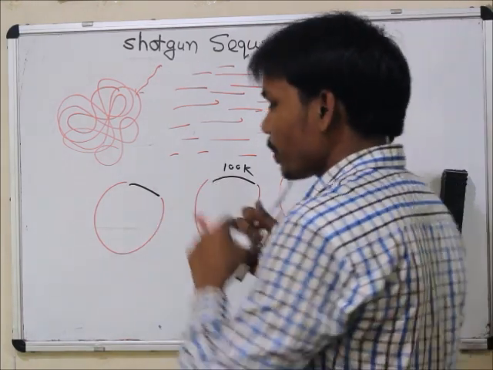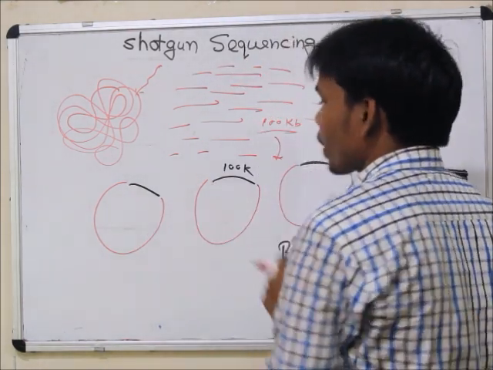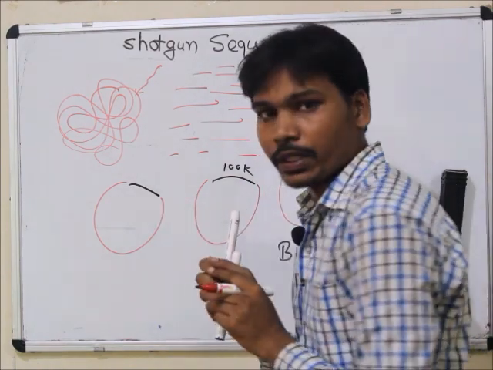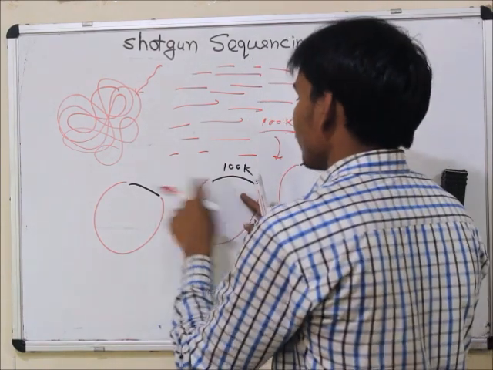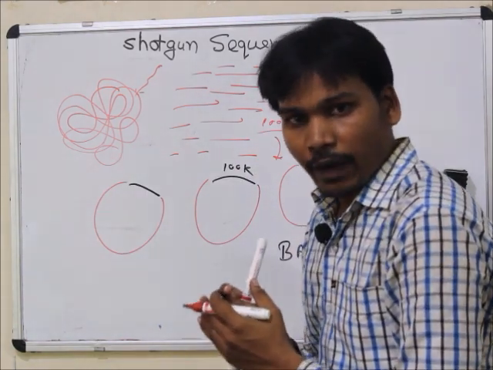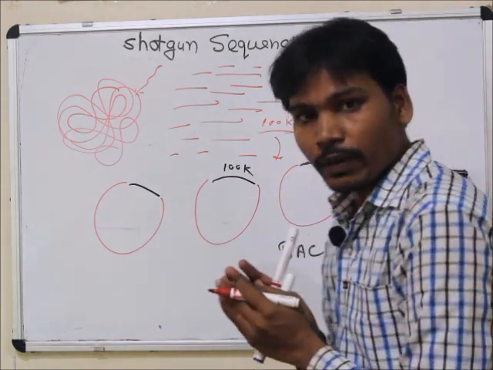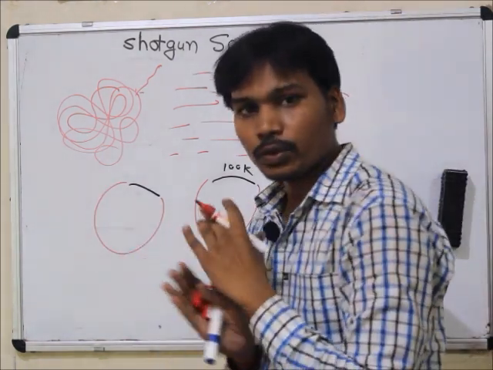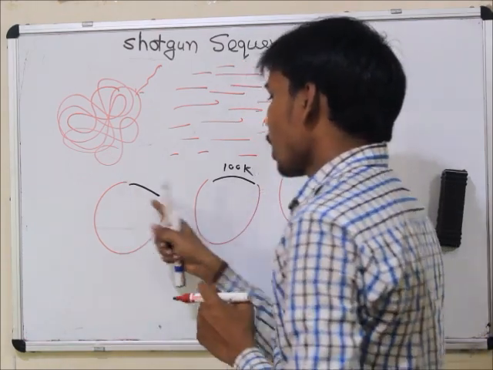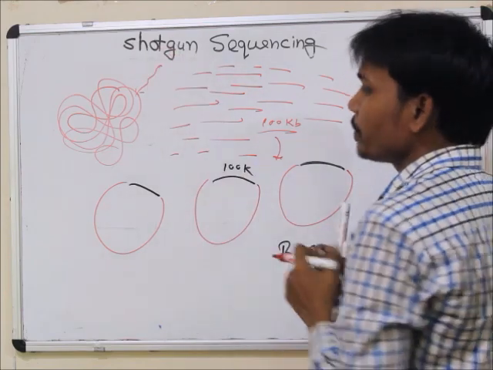As the number of bacteria increases, the number of these fragments increases, so a large number of fragments will be obtained. As many bacteria divide, the chromosomes also divide and the fragments are cloned.